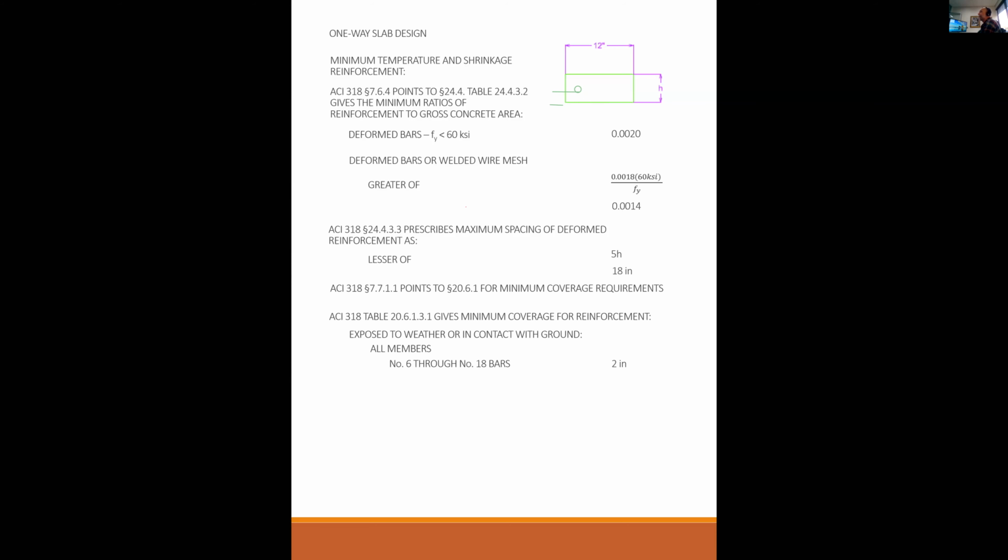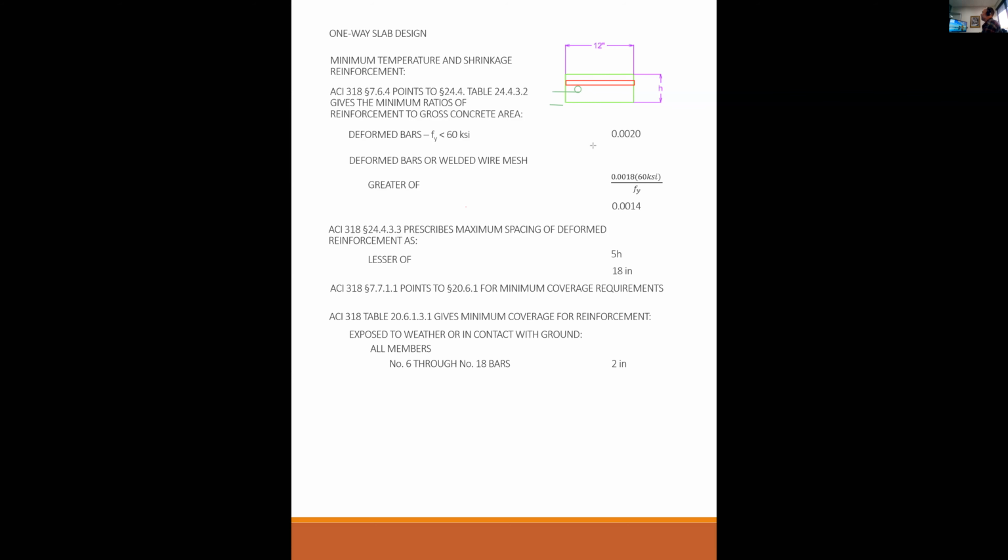And don't forget, in one-way slabs, we have reinforcement going in both directions. So I'm showing reinforcement coming in and out of the page, and reinforcement going left and right on the page. And sometimes, as a designer, you don't know: is this the bottom or the top? Is this bar on top of that bar, or is that bar on top of this bar?